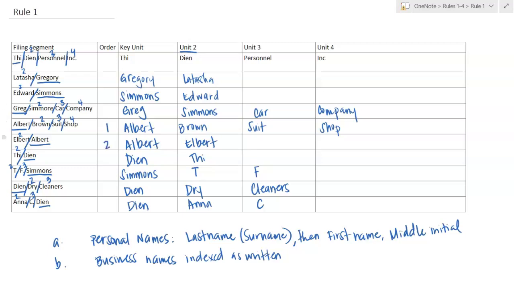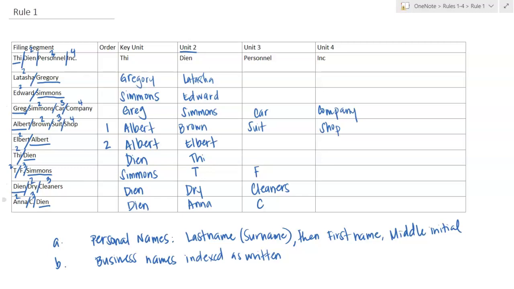Okay, and then Albert E. Next, I'll see what's going to be filed after the key unit Albert. So I need to go mentally through the alphabet. The next letter in my key unit list would be D. So we have 3 different DNs. I'm going to look at unit 2 to see which one would be filed first.